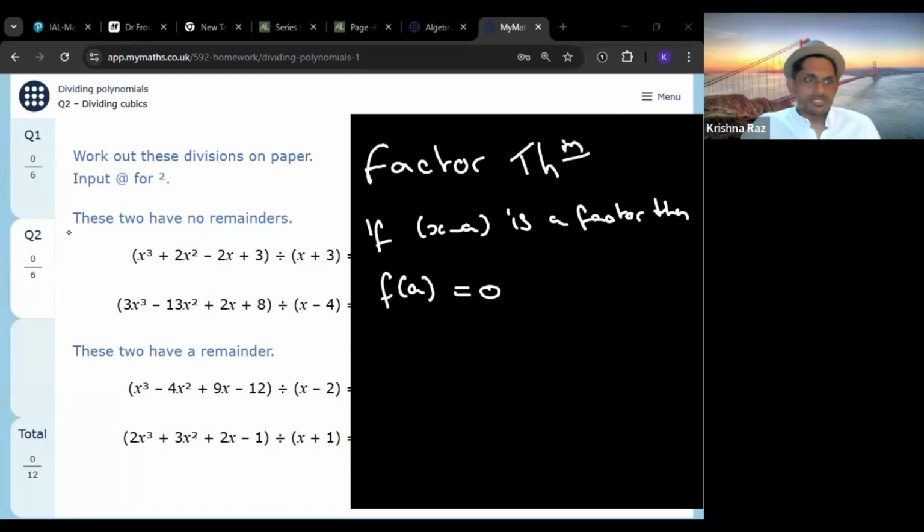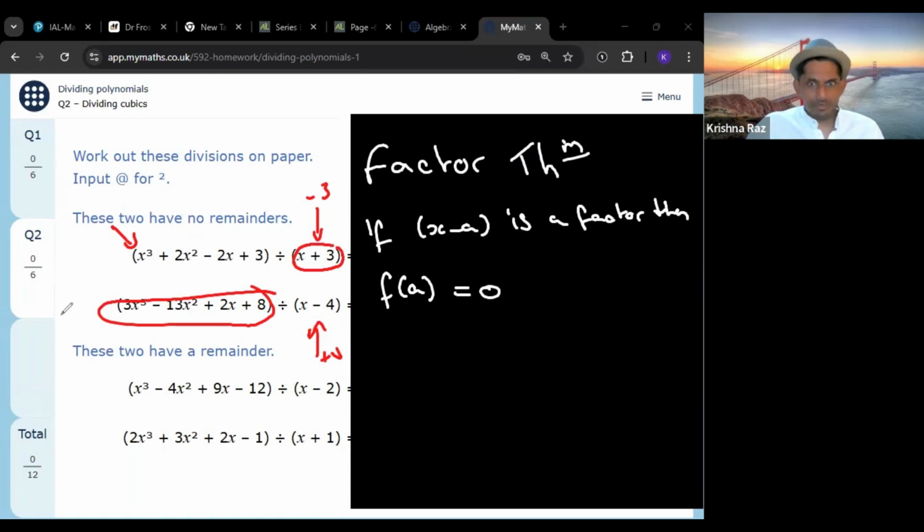Well, what that means is if these are indeed factors, if I sub in negative 3 into this, I'll get 0. If I sub in positive 3 into this, I'll get 0. And that will prove it's a factor. Yeah, so let's do that one by one.